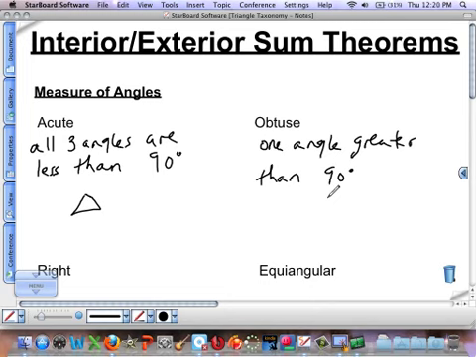There you go. If we had two angles that were more than 90, then it's automatically going to have more than 180 degrees, which violates the interior sum theorem. So that means a triangle can have exactly one obtuse angle. They can have one, not more than one. They can only afford to have one.